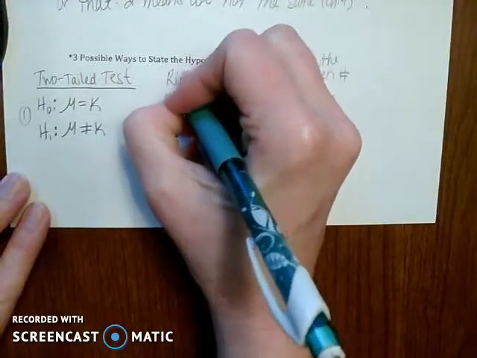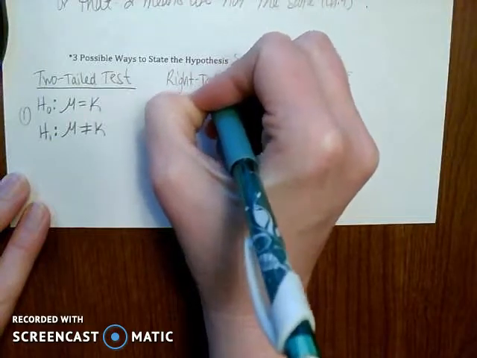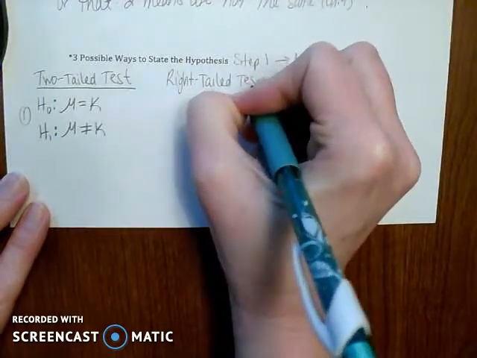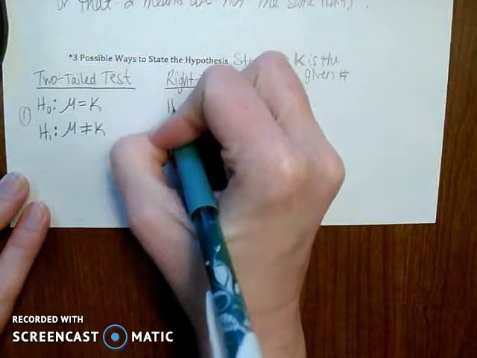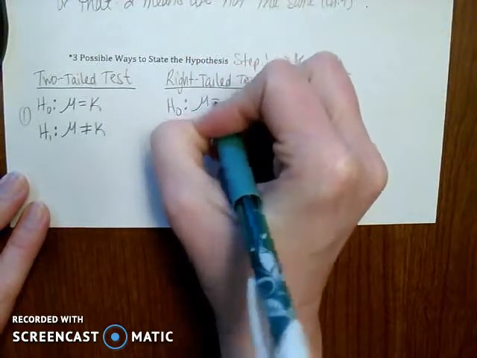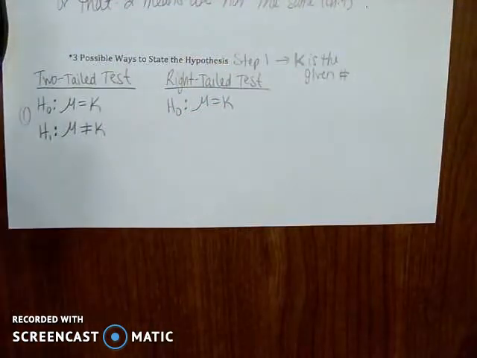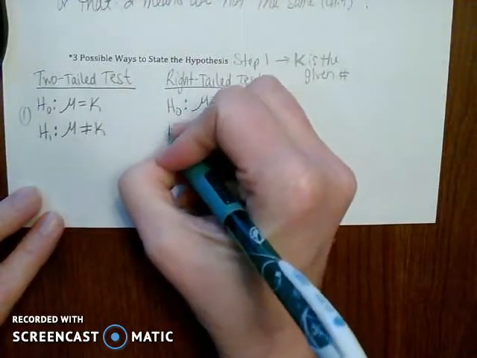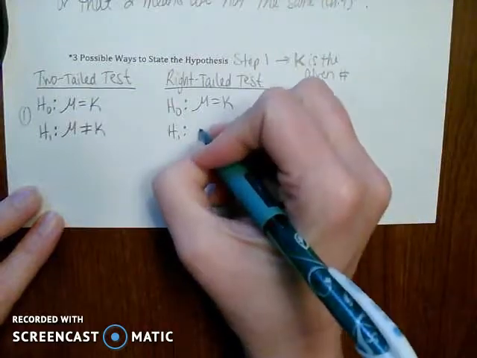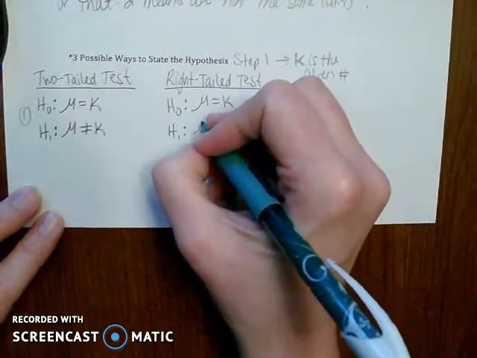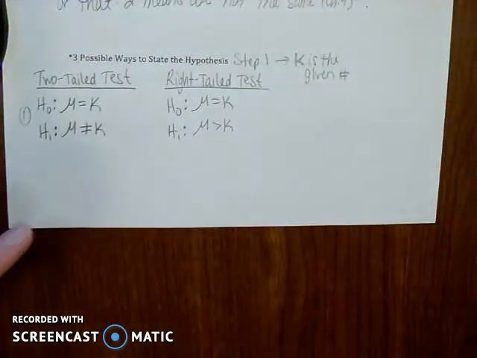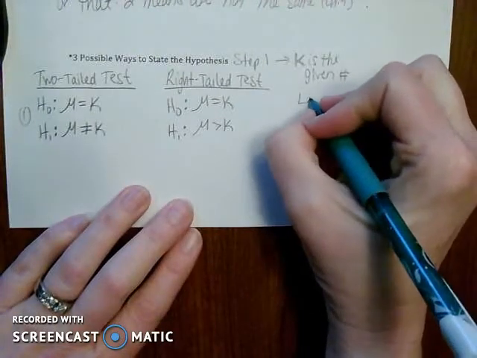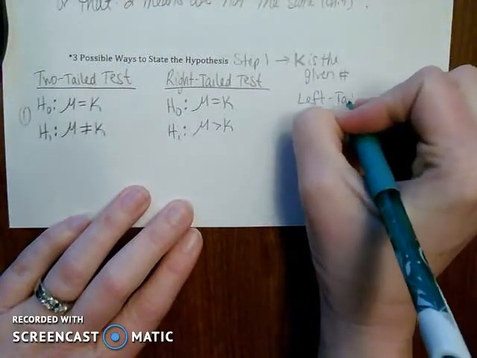For a right-tailed test, here's the nice part. H sub 0 is always equal to. That's what it says up above, so that part's not going to change. H sub 1, if we want it to be to the right, that means we want it to be greater than whatever number we're given. Then our third one is the left-tailed test.